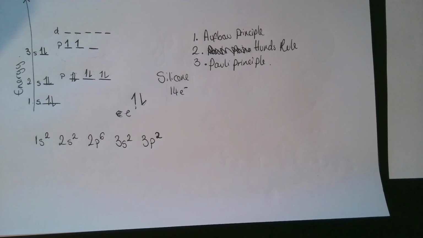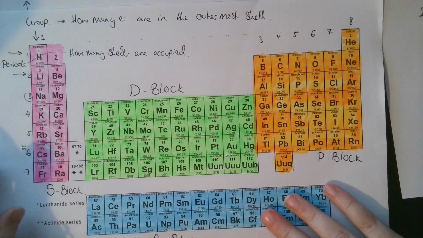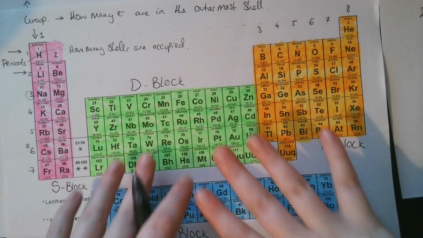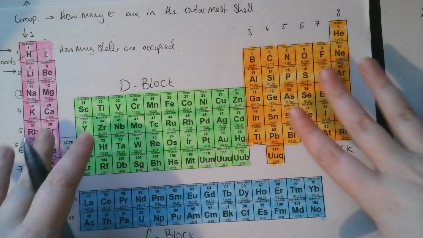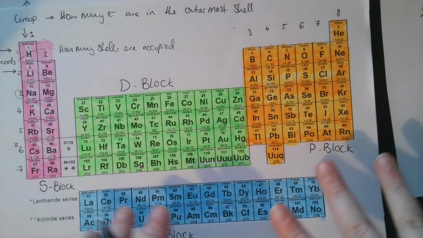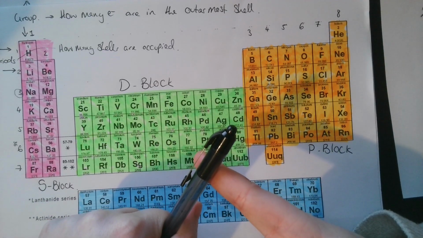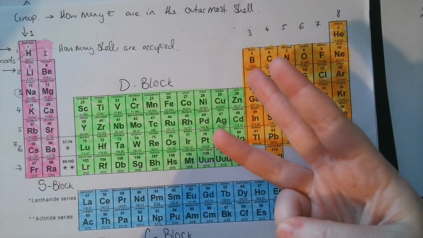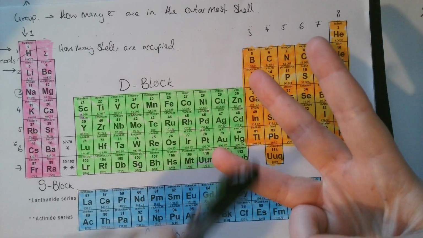Now, what did I say about the blocks? I said, depending on where the element is placed in the periodic table, wherever its position is, it will tell us how many electrons are in the outermost shell, how many shells are occupied, and which block that outermost electron is sitting on.